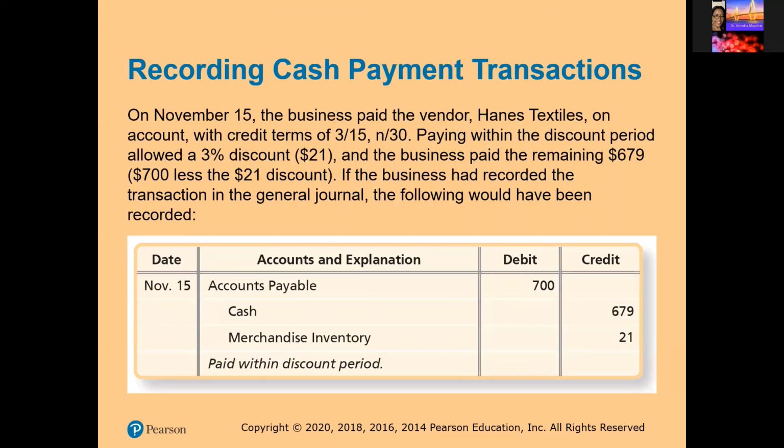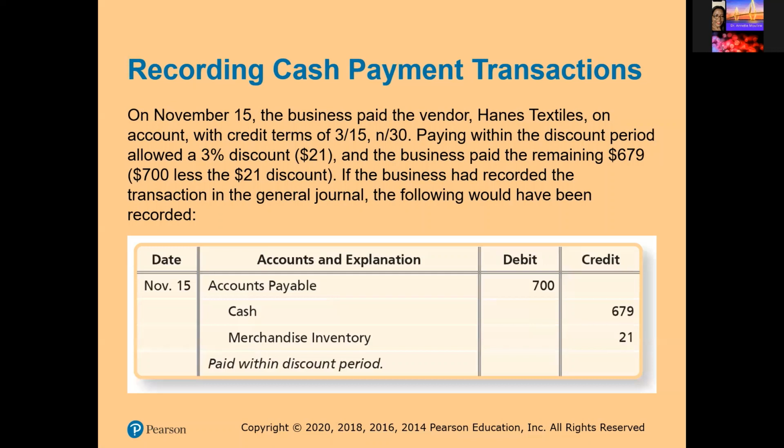On November 15th, the business paid the vendor Haynes Textile on account with credit terms 3/15, n/30. For more details, you can see the first transaction in the purchases journal, which was Exhibit 7-6. Now, paying within the discount period allowed a 3% discount, or $21, and the business paid the remaining $679.